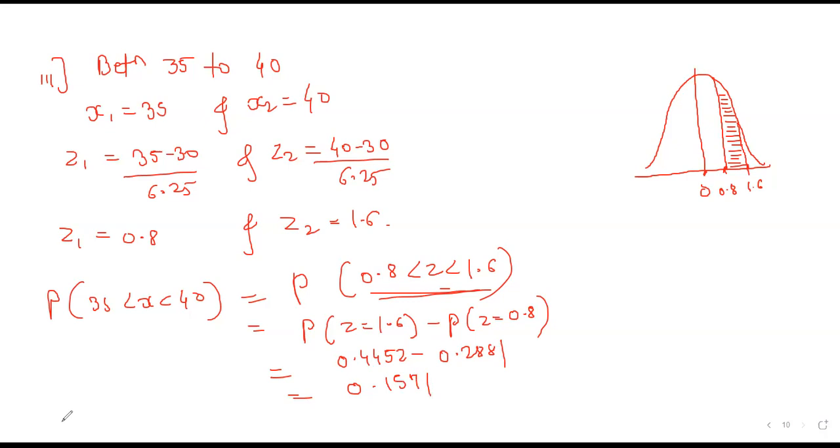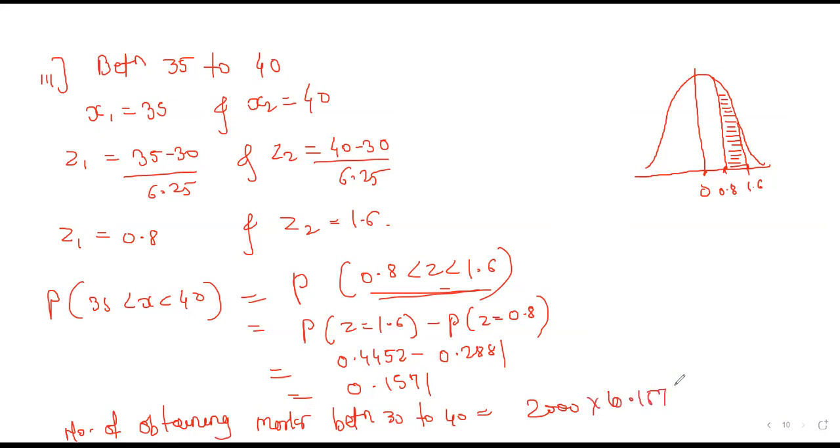So finally number of students obtaining marks between 35 to 40 is equal to 2000 into 0.1571, which is 314. Yes, 314. Right. Okay, write down this.